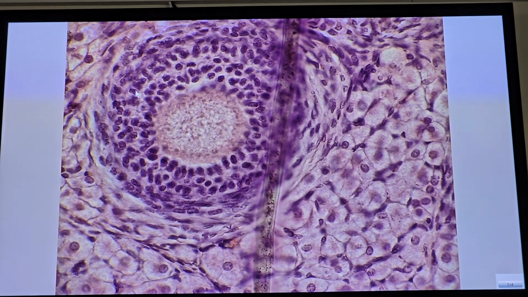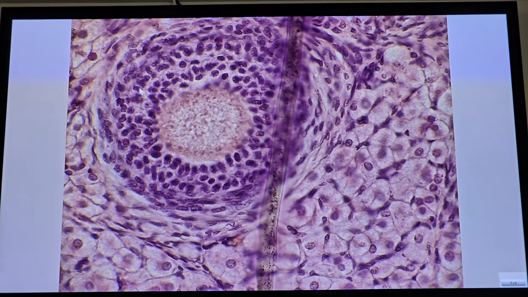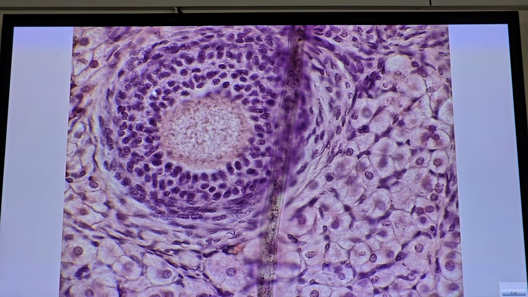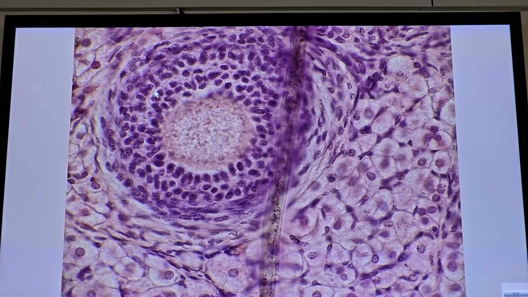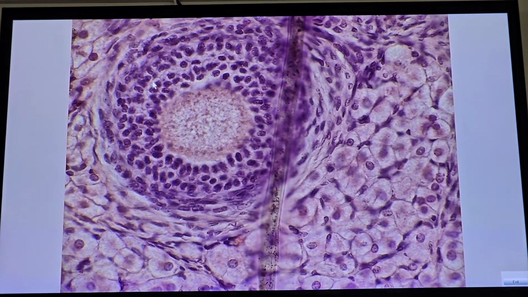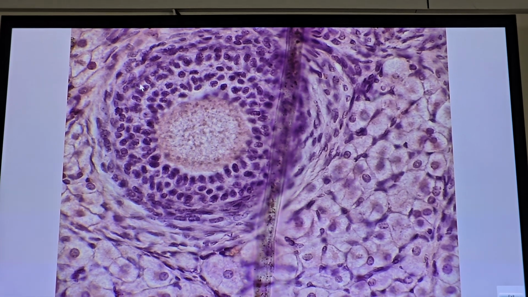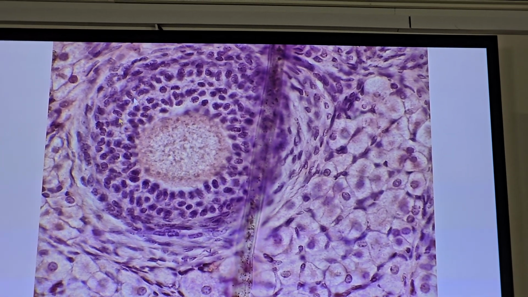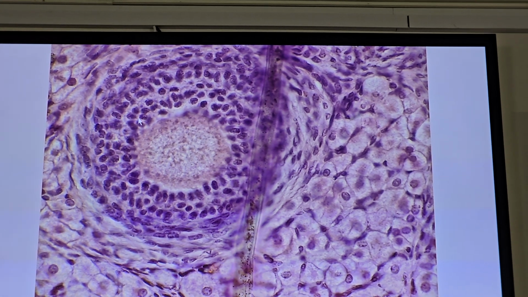And the follicular cells become granulosal cells. The follicle is called multilaminar primary follicle. Multilaminar primary follicle. And these cells are called granulosal cells.